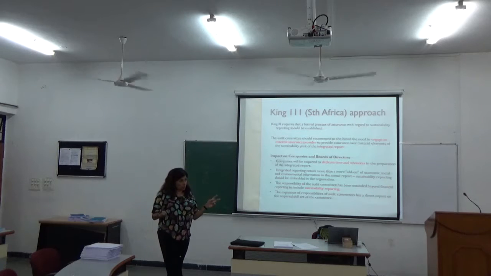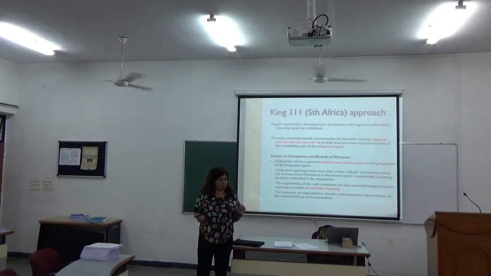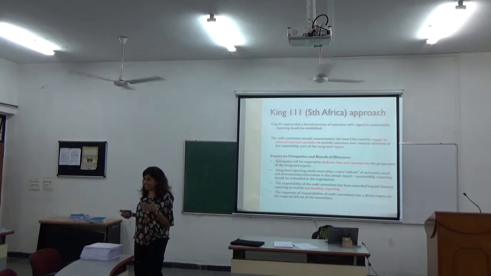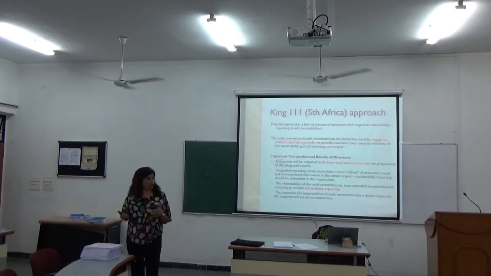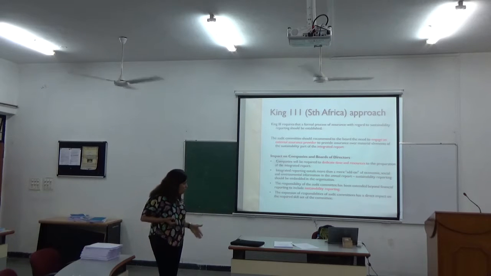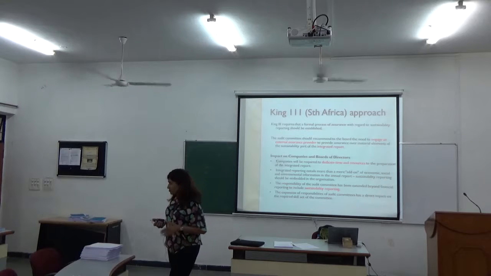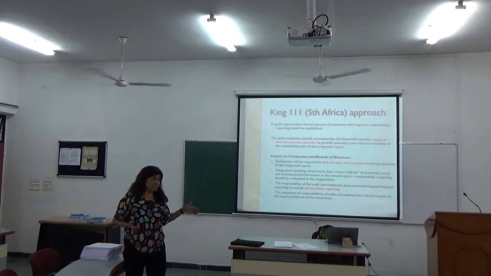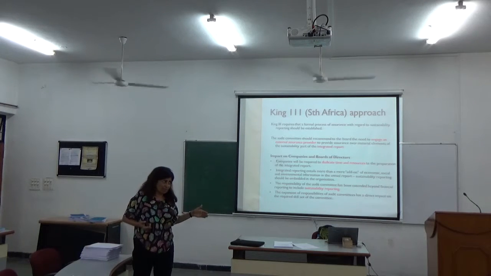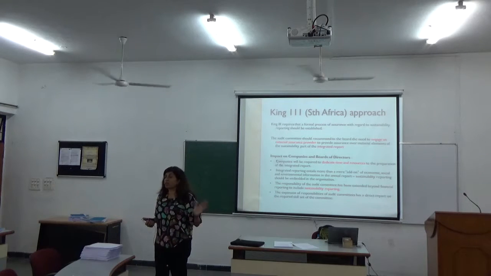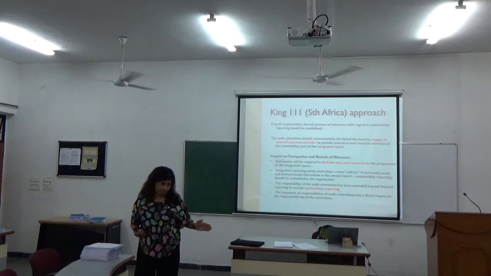There are two approaches as was pointed out before. One is the US approach, which was mandating legislation, so mandating conduct. Something's right or something's wrong, you're guilty or you're not guilty, you've got to do this or you're not going to do this. And that was very much the 60s, 70s approach. However, the other approach is comply or explain.